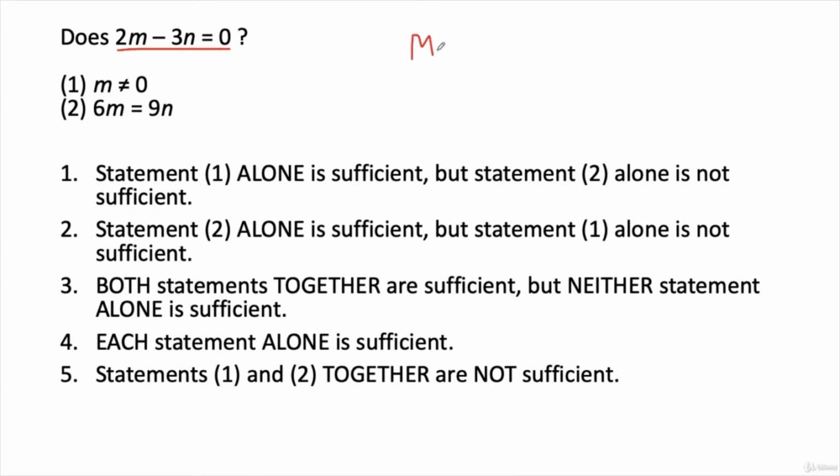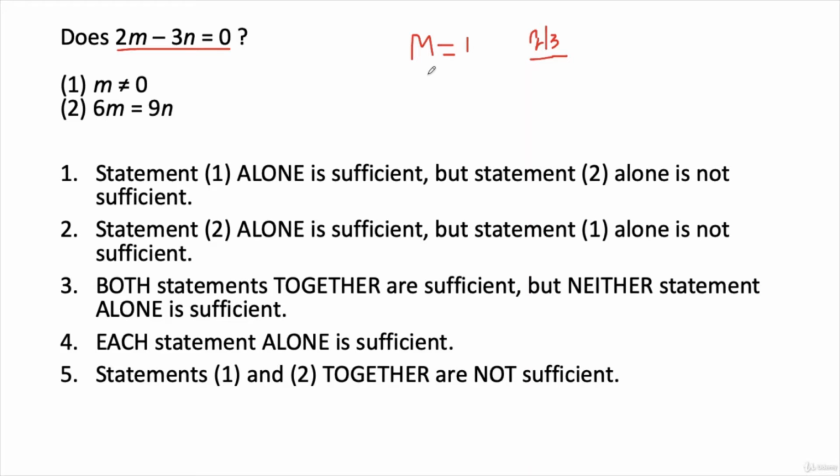M can be, let's suppose, 1. If m is 1, n becomes 2 by 3, which is not 0.